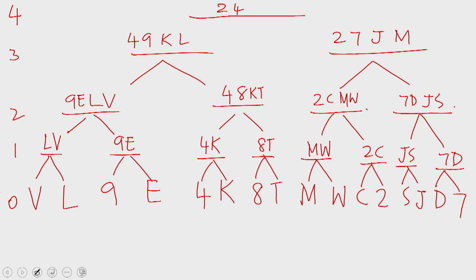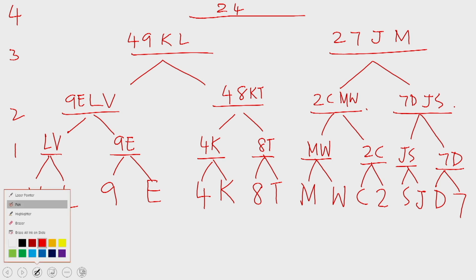Now, for the third level, we get samples from the second level, but the second level is now picking every element into the sample array. So, the sample array of the node which contains 9ELV in the cache will be the same, that is 9ELV. All the elements are now moving upwards to the third level. Similarly, 48KT will be sending all those elements upwards. So, at level 3 now, we will have all the elements in sorted order.